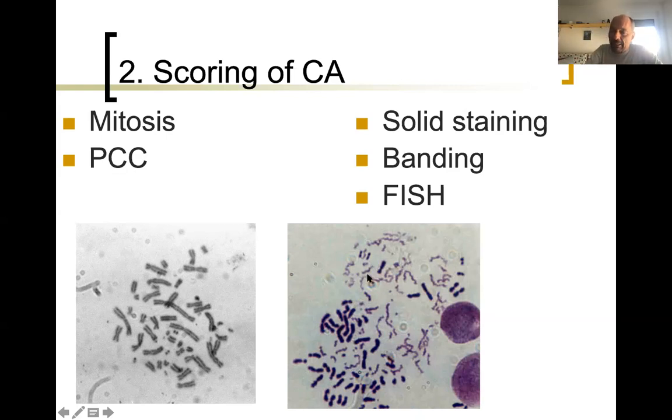The way that these PCC were induced was by fusion of a mitotic cell, actually a hamster cell, with a human cell, a lymphocyte in G0.